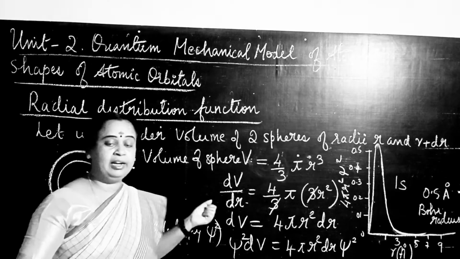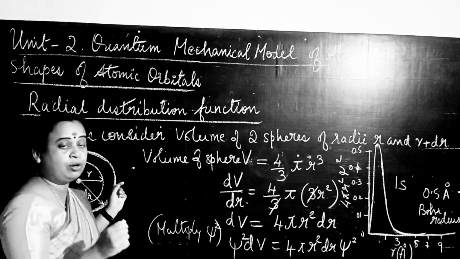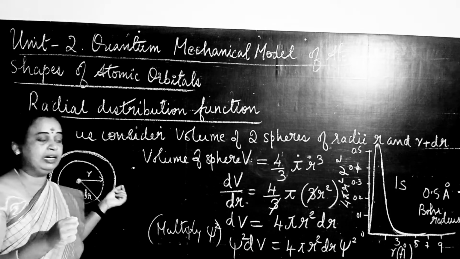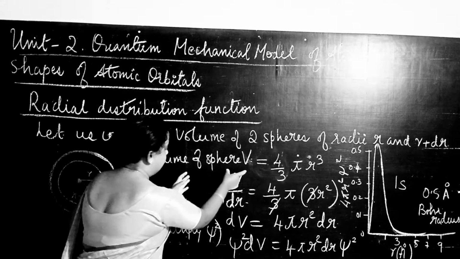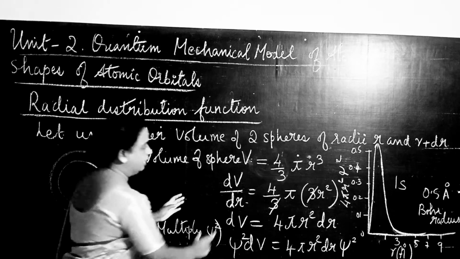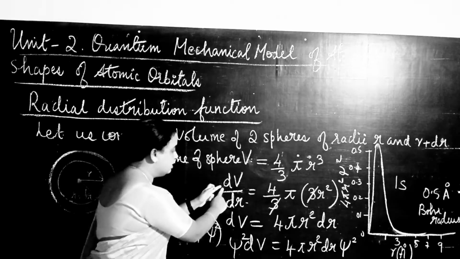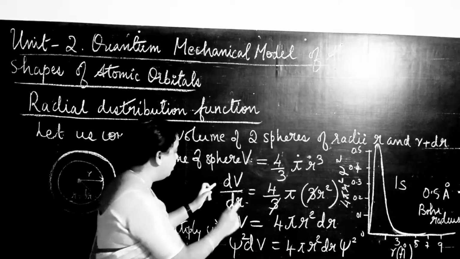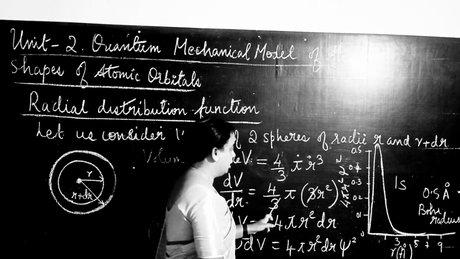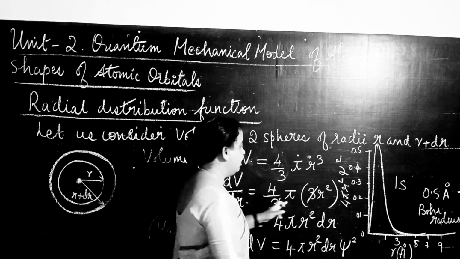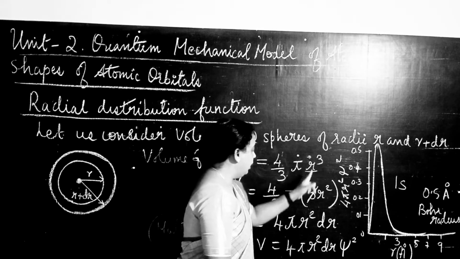You may not have studied differentiation in mathematics yet, but you will come across this mathematical operator in physics too. Here, when we differentiate the volume, it becomes dV by dr. With respect to radius only we are differentiating, and the d indicates differentiation. So dV by dr is equal to 4 by 3, which is constant, and pi is also constant. This r cube, when we differentiate, becomes 3r square.